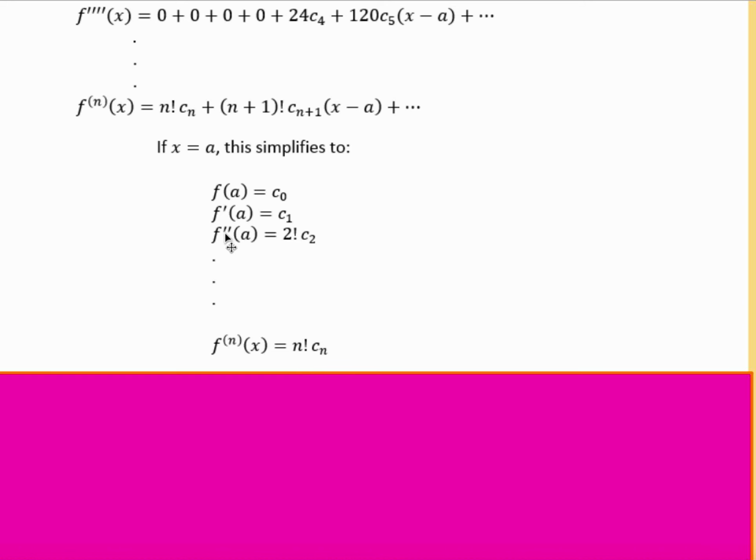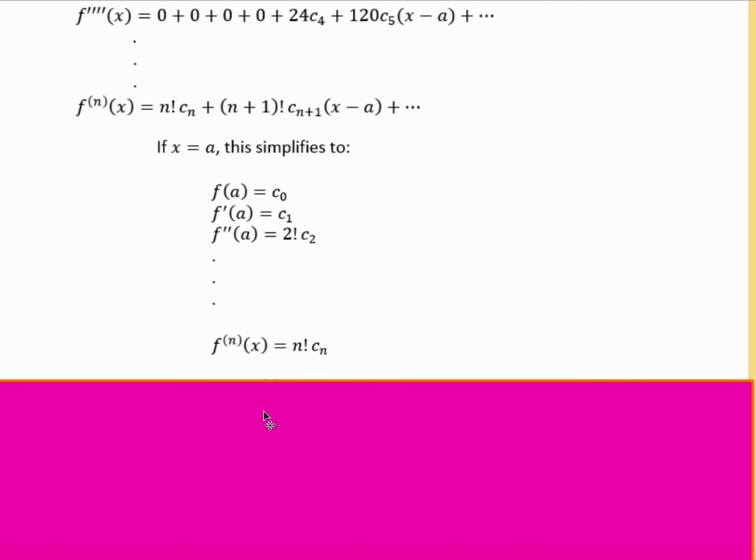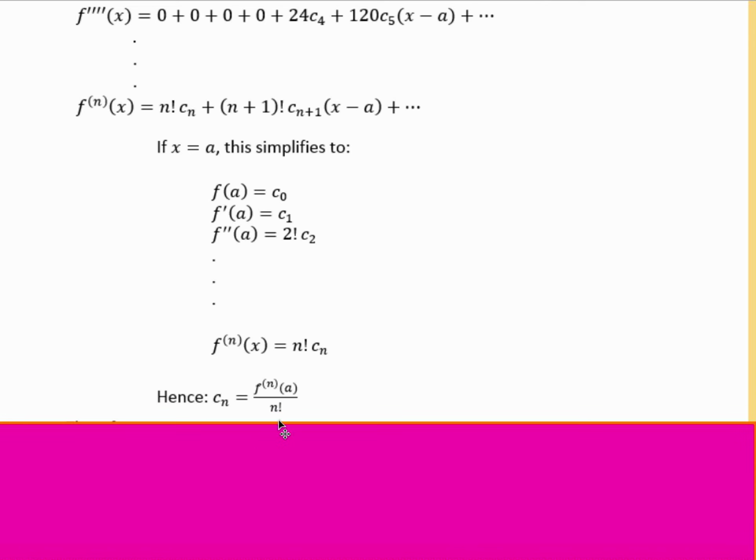Notice that when we take the second derivative, that's 2 factorial times that constant. So if we're taking the nth derivative, that's going to be n factorial times the constant. Hence, our constant is just going to be the nth derivative with respect to a divided by n factorial.